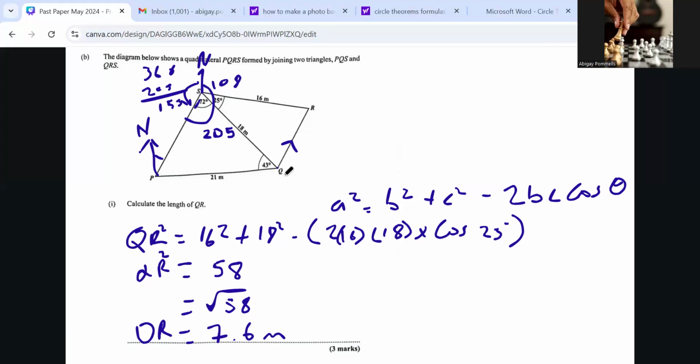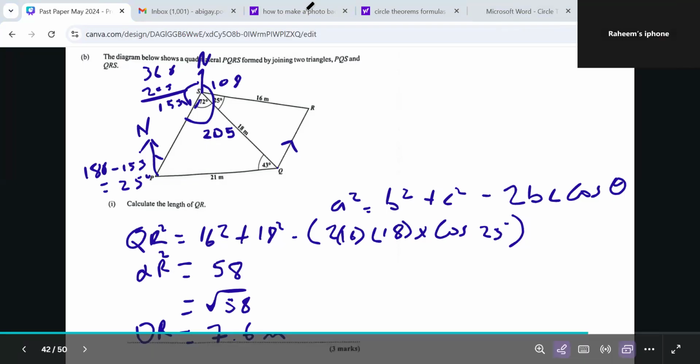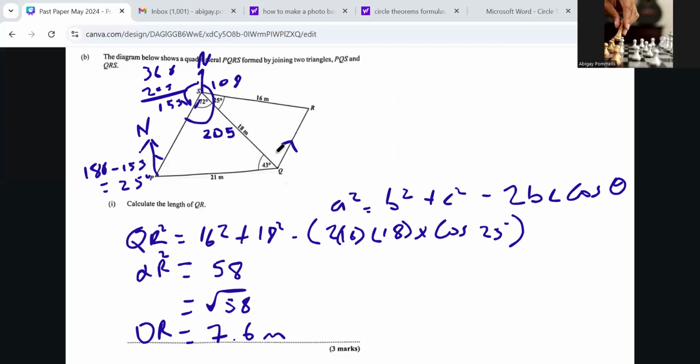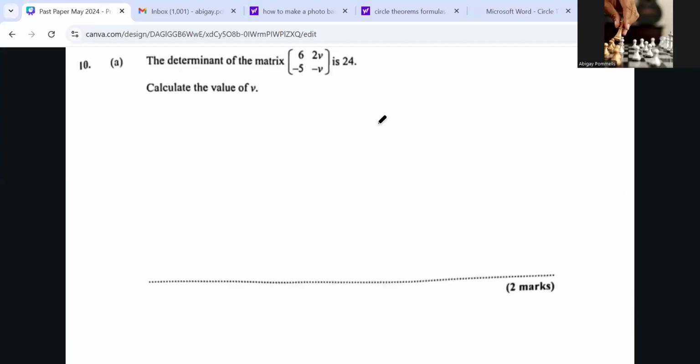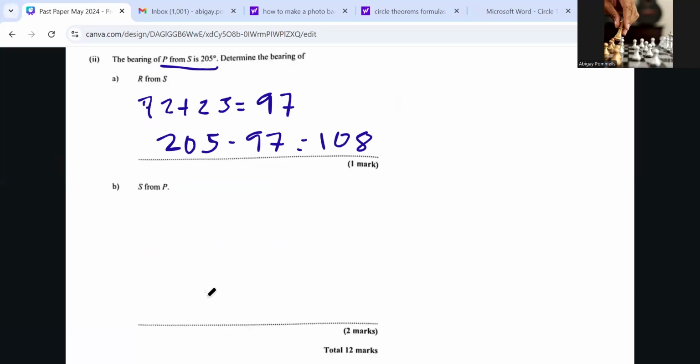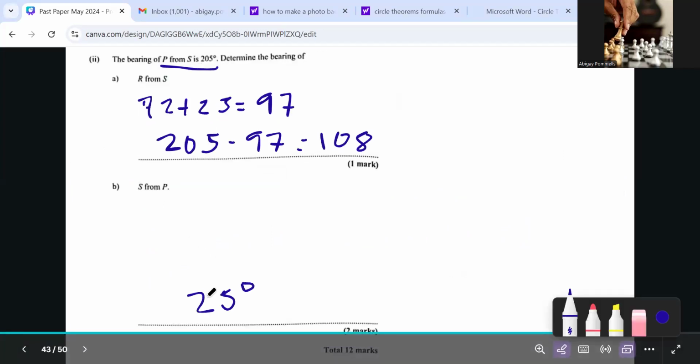That means 180 subtract 155 will give me the answer. 180 subtract 155 will give me 25 degrees. So that means this is 25 degrees.